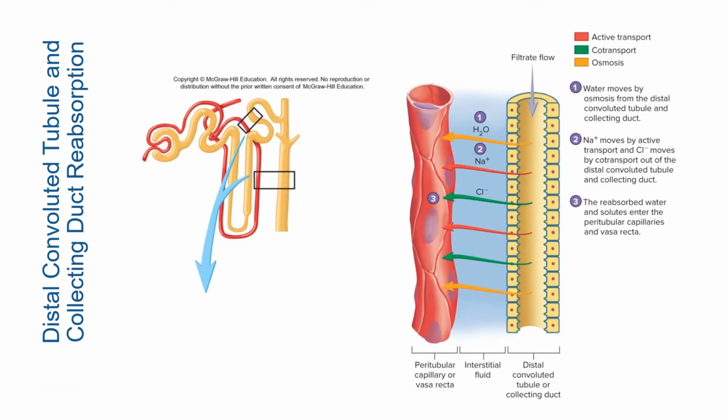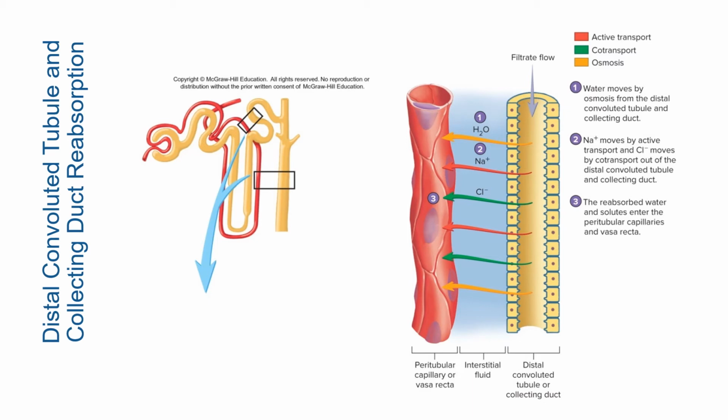And then next, you have the distal convoluted tubule and the collecting duct reabsorption. In here, you will see that there are three processes: active transport, co-transport, and osmosis. When osmosis is present, it means this distal convoluted tubule or the collecting duct is actually permeable to water.